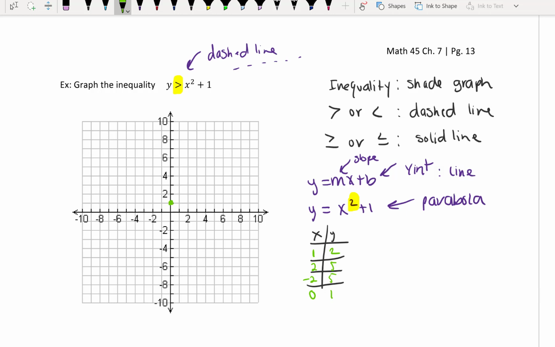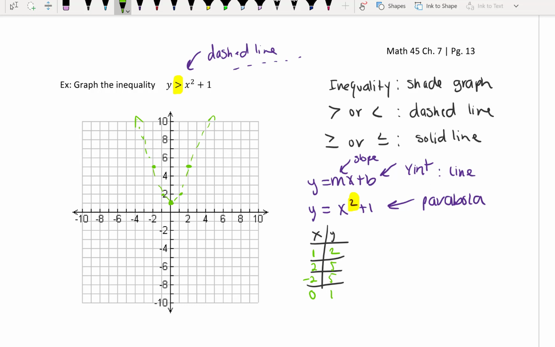I have negative 2, 5. I have positive 2, 5. And 1, 2, I guess. So it would have negative 1, 2. So this is more or less what my graph of the parabola looks like. And remember, it's a dashed line. So there's my dashed line.